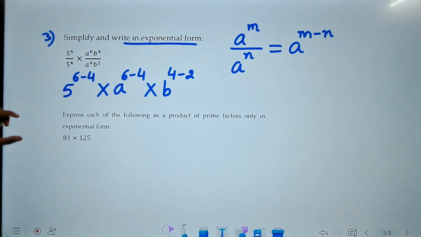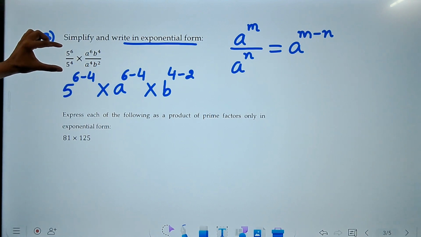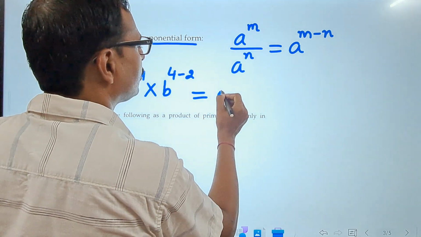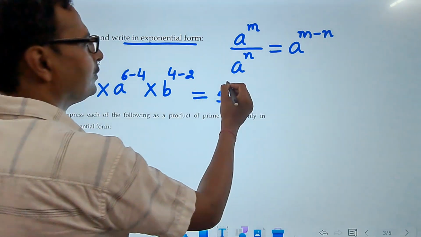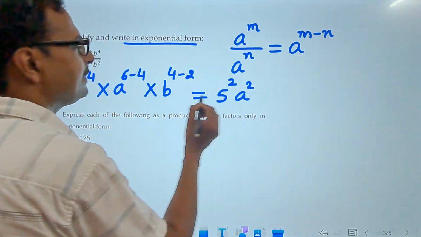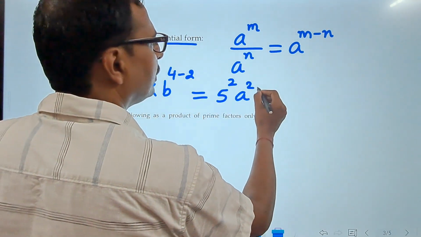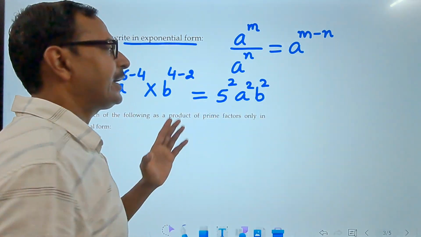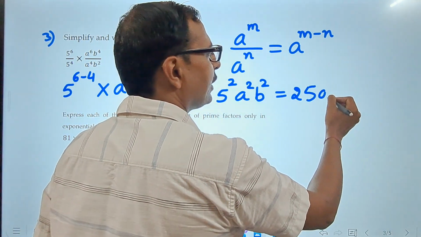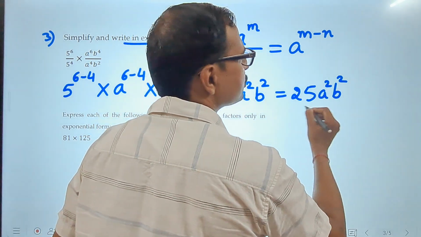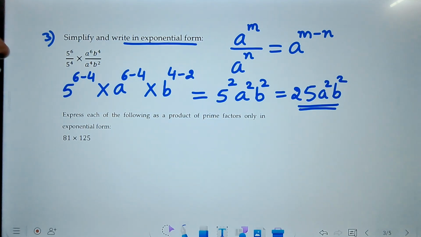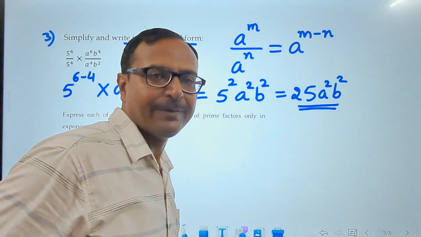So I just combined by grouping them according to their bases, and therefore the answer for this question comes out to be 5 raised to power 2 times a raised to power 2 times b raised to power 2. You can write 5 square as 25. That will be more convenient and more appropriate. So this happens to be the simplified form of this expression. I used the quotient law here.